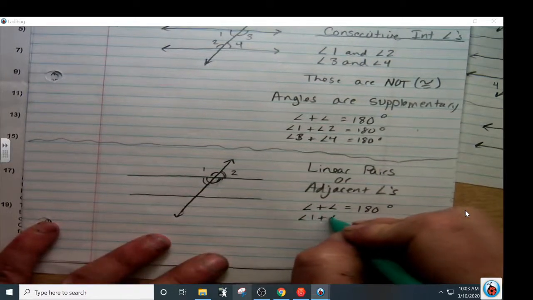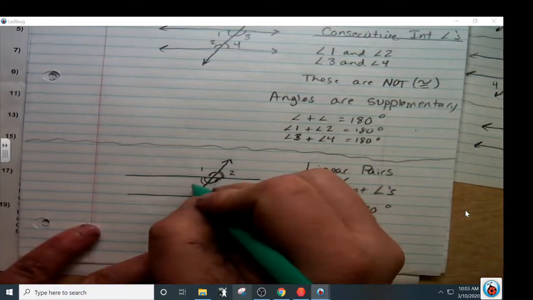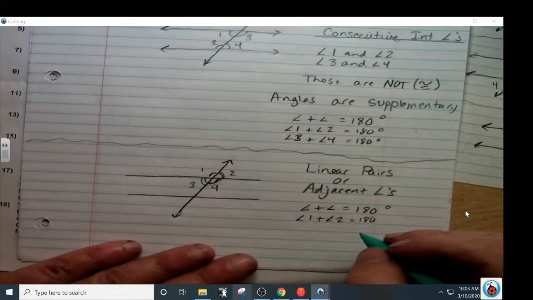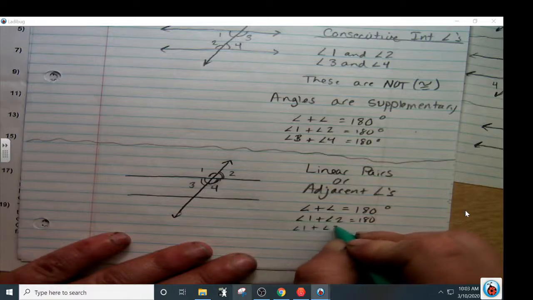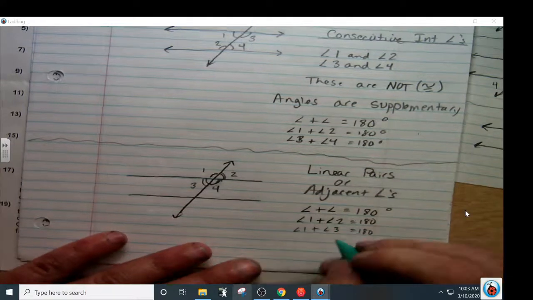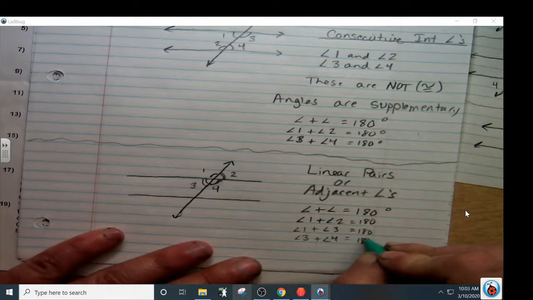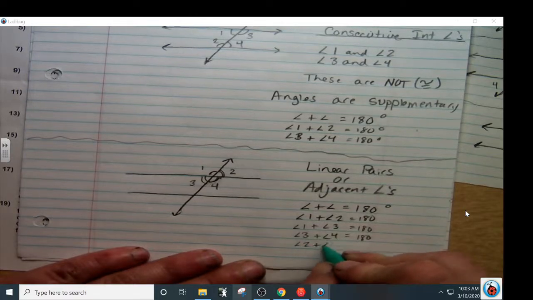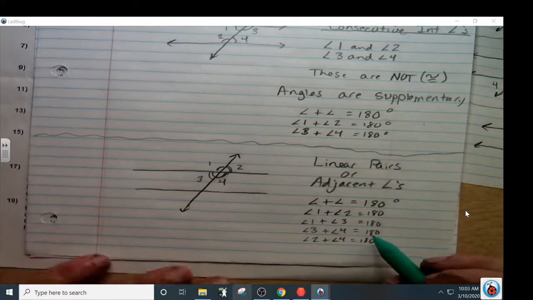I'm not going to list all of these. Linear pairs can be anywhere.